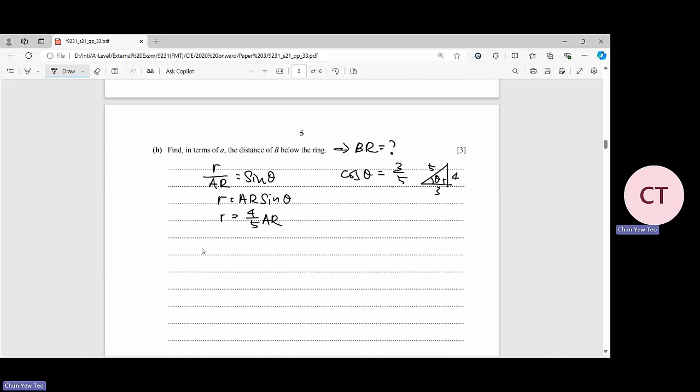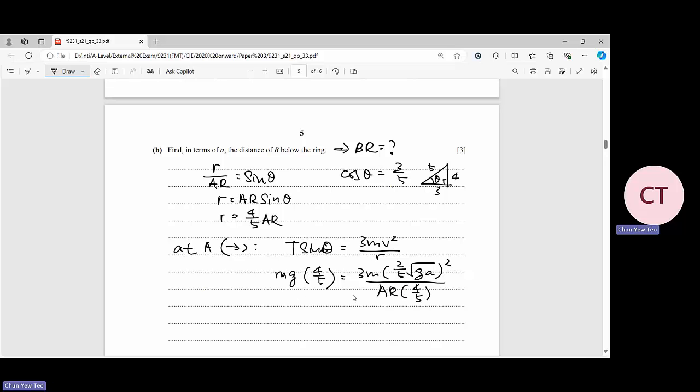Okay, so now we resolve the forces horizontally at A. So you have T sin theta is equal to 3mv squared over R. Your T we already know is mg from part A. Sin theta we know is 4 over 5. 3m, just write 3m. Your v squared is 2 over 5 square root of GA, squared, divided by AR sin theta.